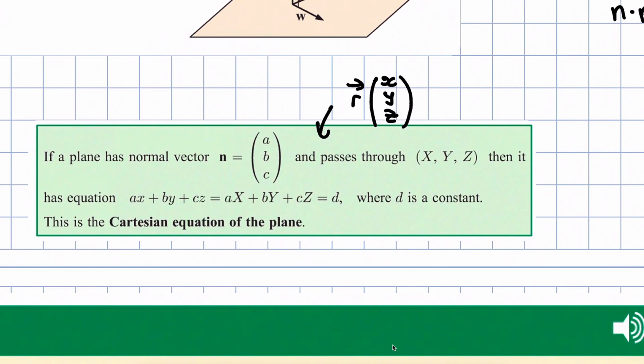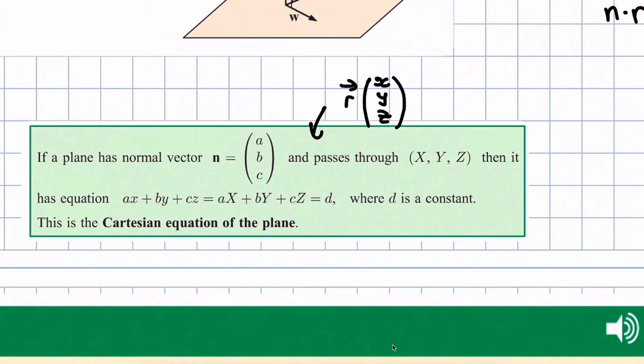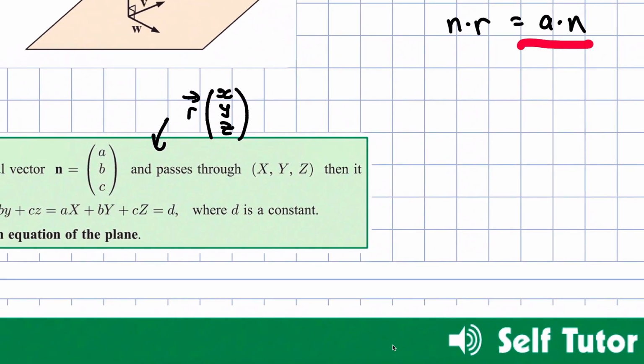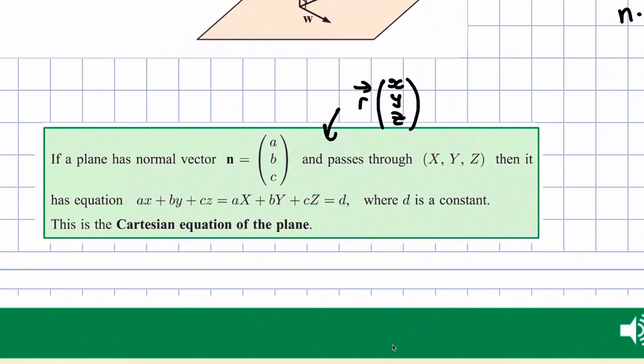So n dot r becomes a times x plus b times y plus c times z. That's that side of the equation, and it's equal to a dot n. Here a is really point A. Oops, this is point A.